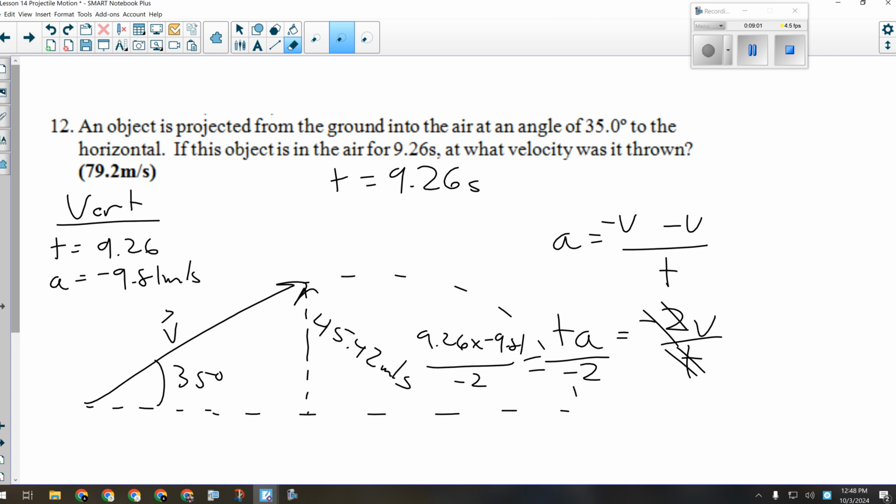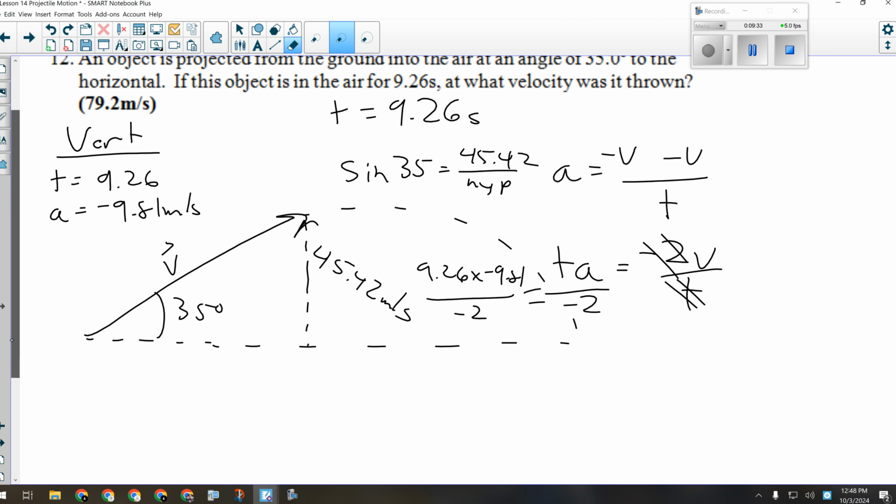So that's that side. Since I have one side and the angle, can I get all the other sides of the triangle that I want? I only want one side of the triangle, I want the hypotenuse. Okay, so I've got the opposite side and the angle, and I want to get the hypotenuse. So sine of 35 equals 45.42 divided by the hypotenuse. So all I have to do is manipulate this in order to get the hypotenuse by itself.